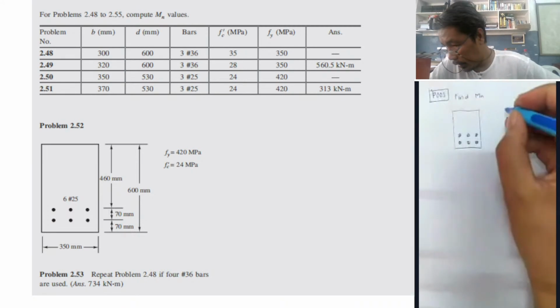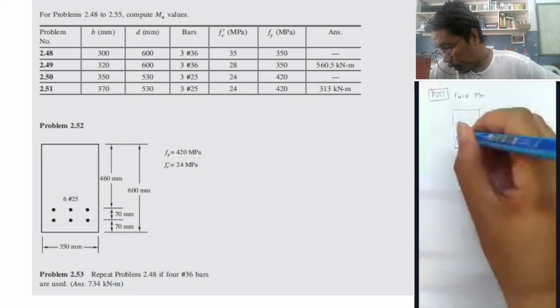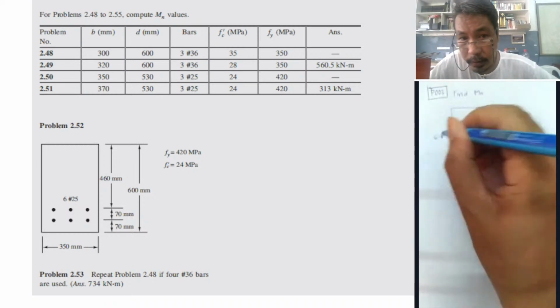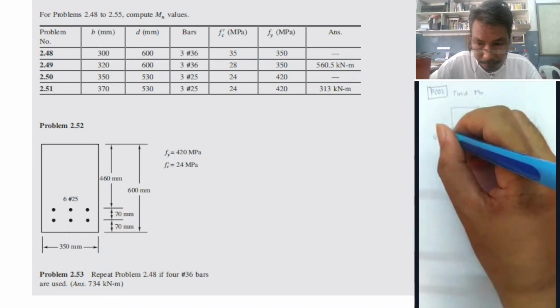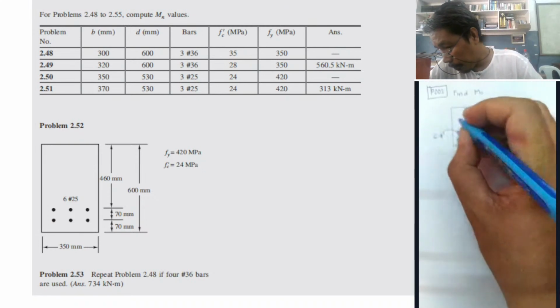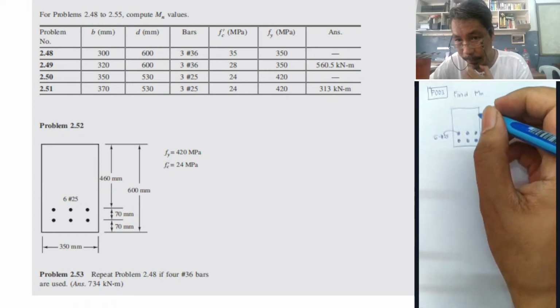So given is what? 6 bars of number, what is the number? 25. This is 25. 6 bars of number 25.